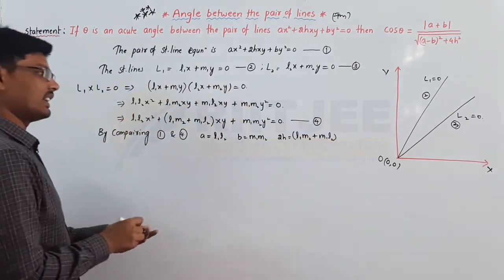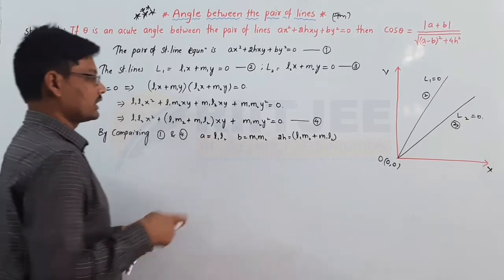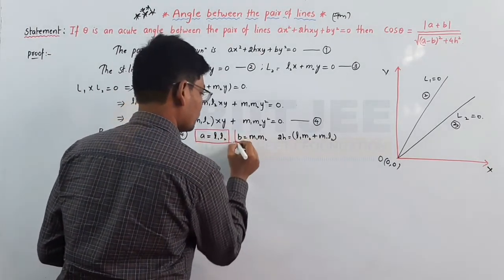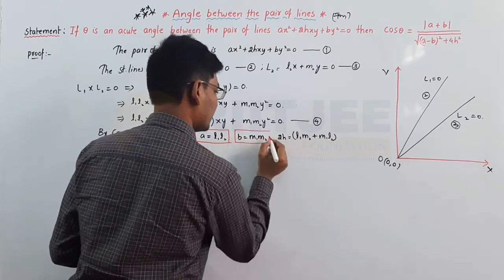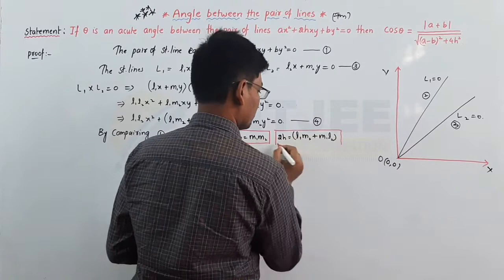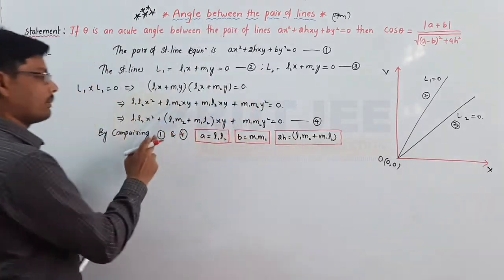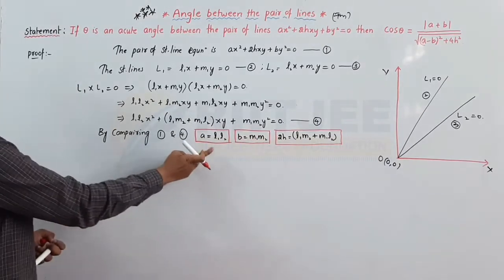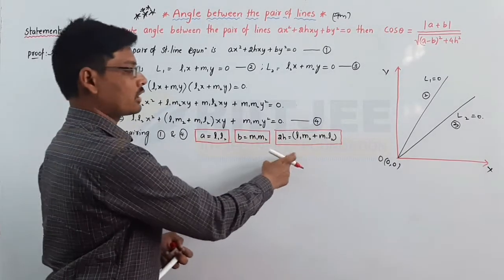These are the three values we have. By comparing equation 1 and 4, we get the a, b, h values.